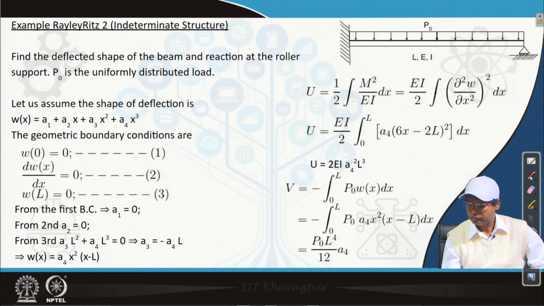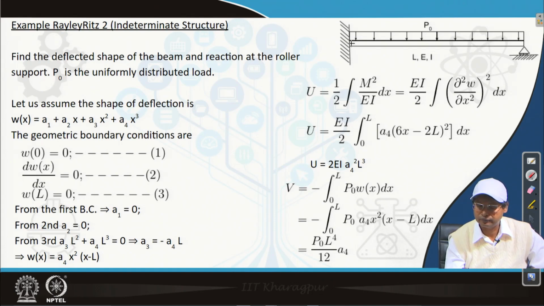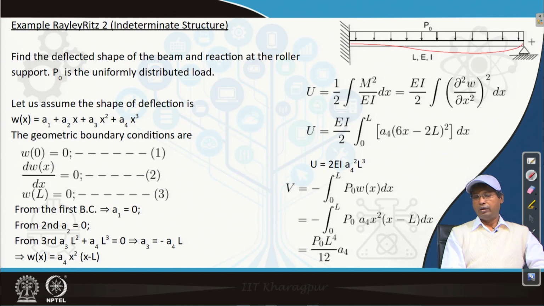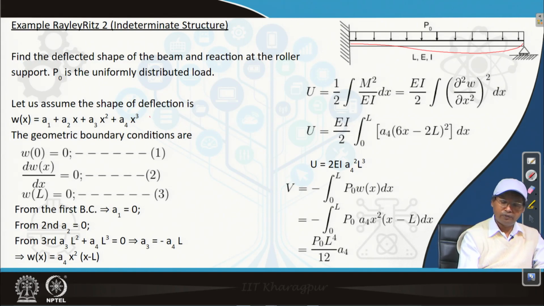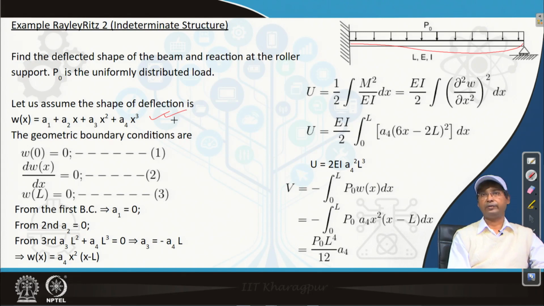So, it is assumed that the deflection, what is shown here, will be following this function. This depends on how accurately we assume this function; the more accurate the assumption, the more accurate the solution we get.